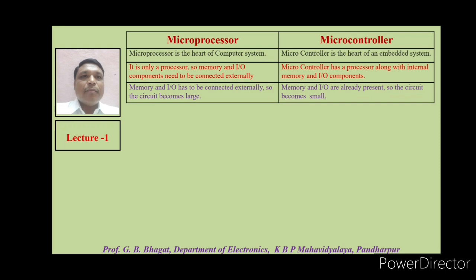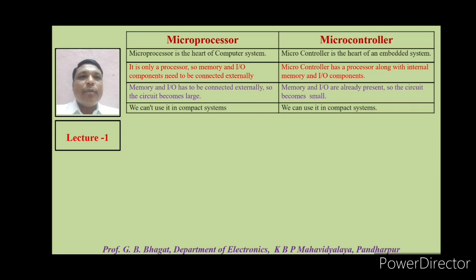Then in microprocessor memory and IO have to be connected externally so that the circuit becomes very large, but in case of microcontroller memory and IO devices are already present so that the circuit becomes small.